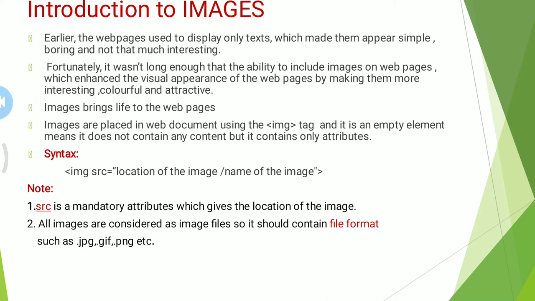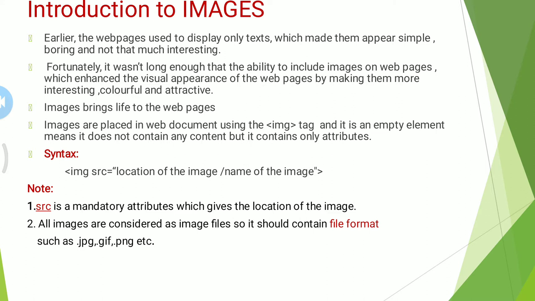See, for example, you have created one file a.html and saved it in the C drive, and in that file you have included one image, and that image is also in the C drive. So the image and the file are both in the same location. When both are in the same location, you can directly give the name of the image.